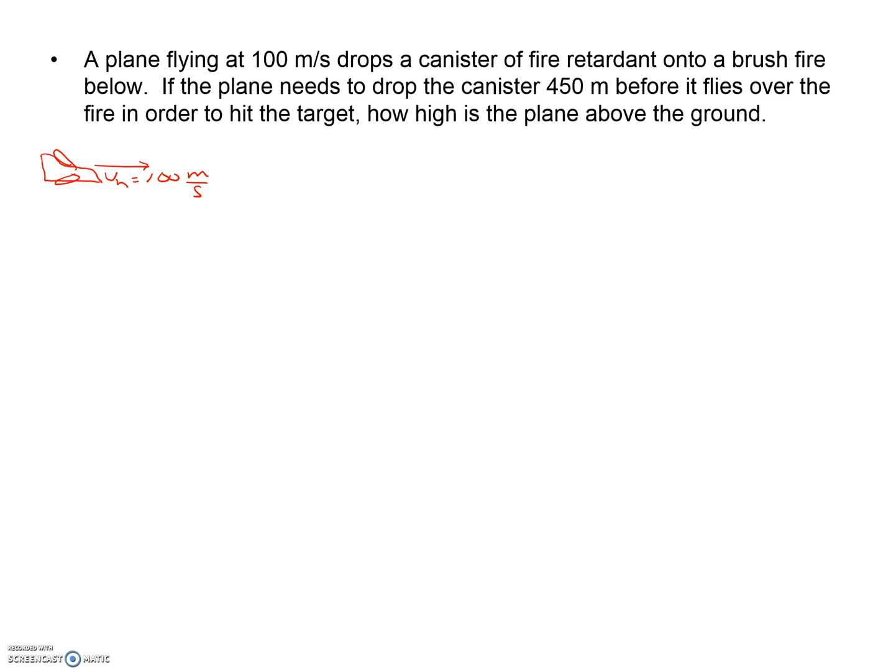If it drops that canister of flame retardant, that canister will also be moving at 100 meters per second in the horizontal direction. But then gravity will start to act on it, and it'll move in a projectile direction before it hits the ground. So let's say that our fire is here.